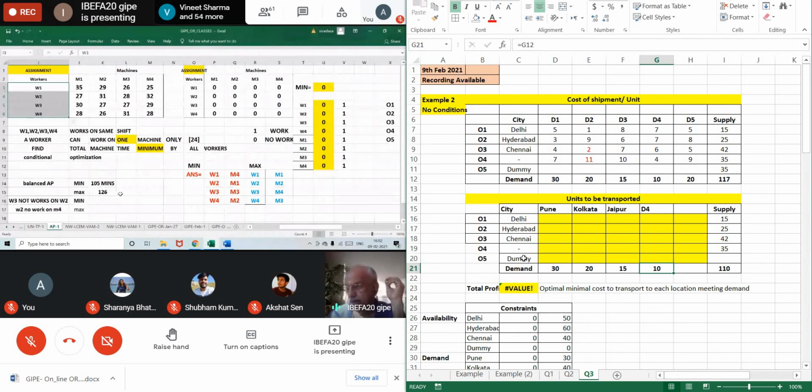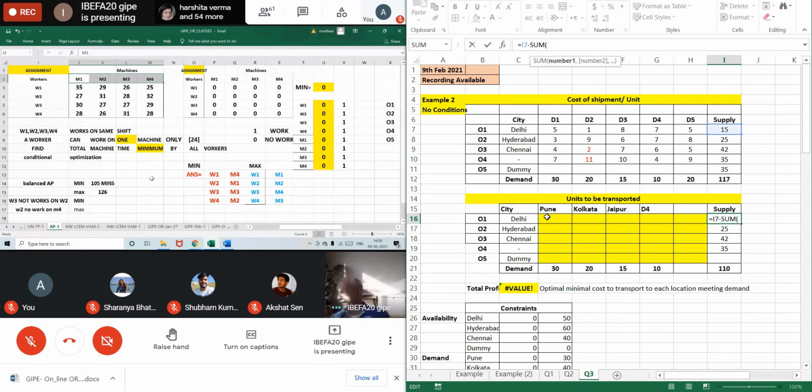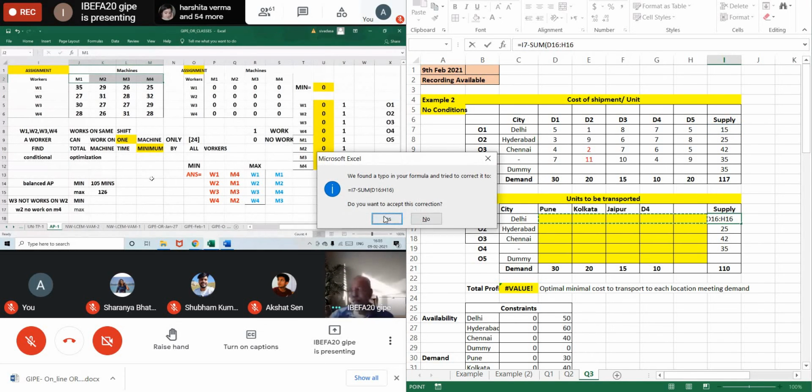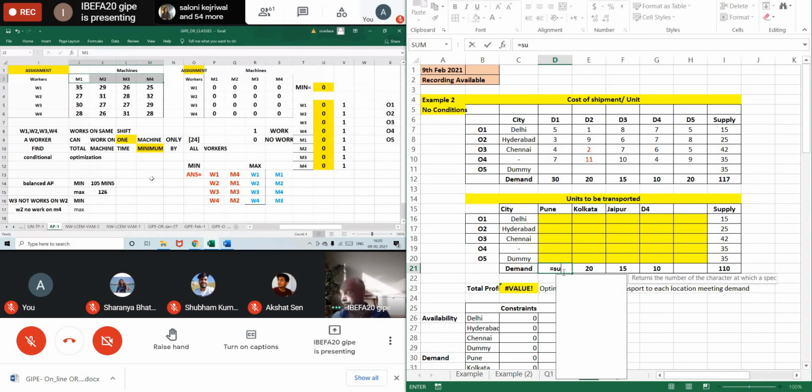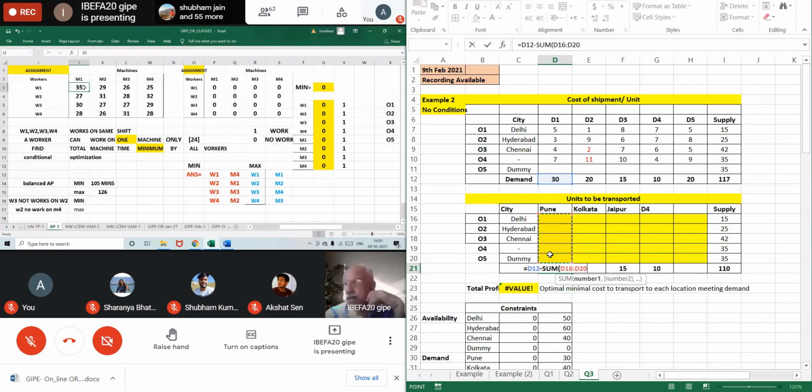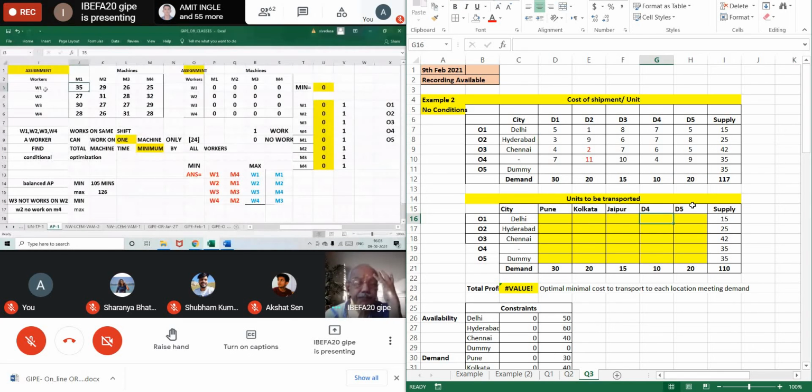They have operated 4 machines in the past in the company to assemble the product. 35 minutes worker 1 took to assemble a product in M1, 29 in M2, 26 in M3, 25 in M4.